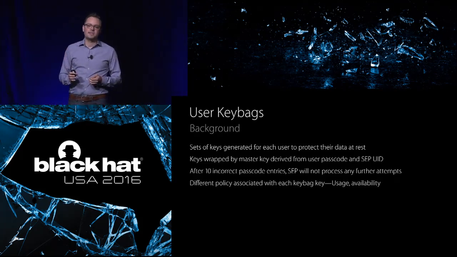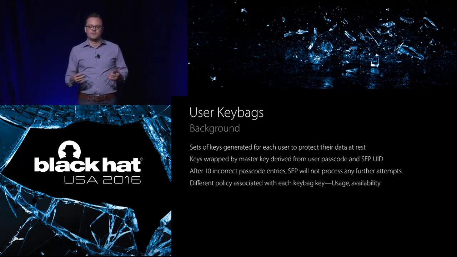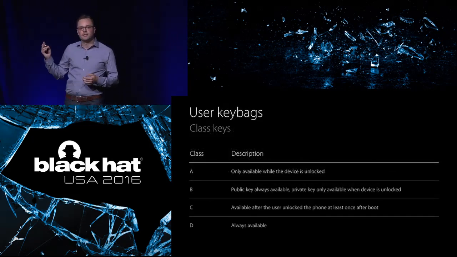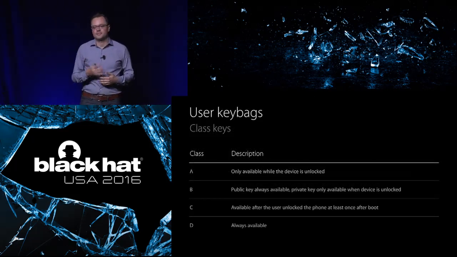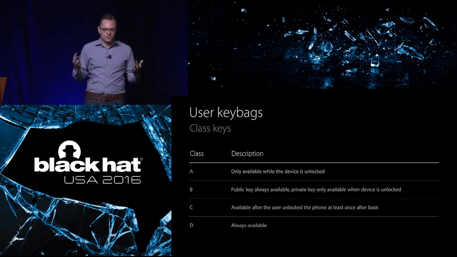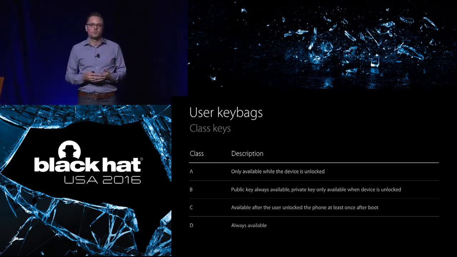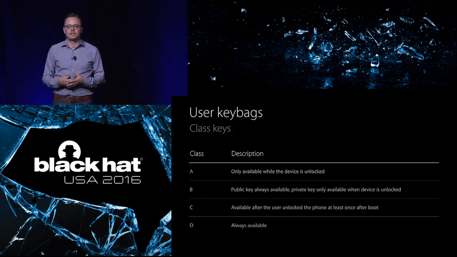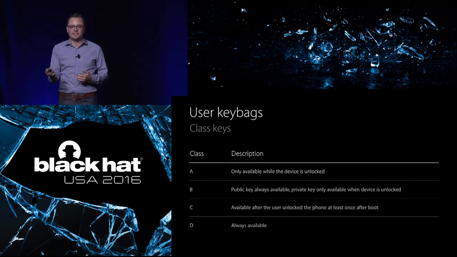Now, for the user key bag keys, I mentioned it's a set of them. This is because they're used for different purposes and they're available at different times. So this is effectively the key list. They're class keys. We call them A through D. And some of these are keys that are always available when the system is running. And then some of them are only available after the user has unlocked their device at least once.